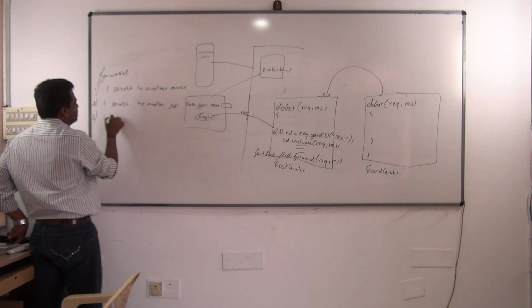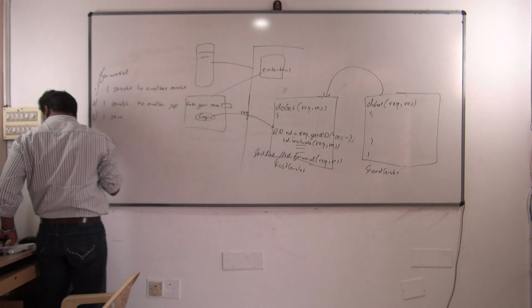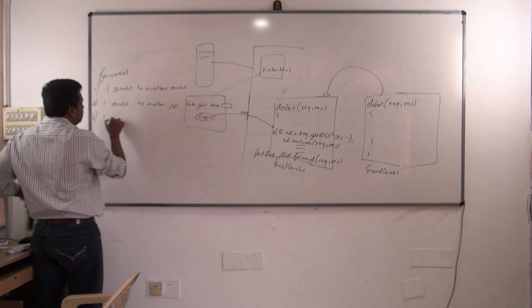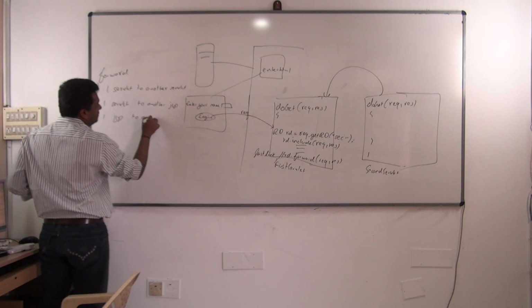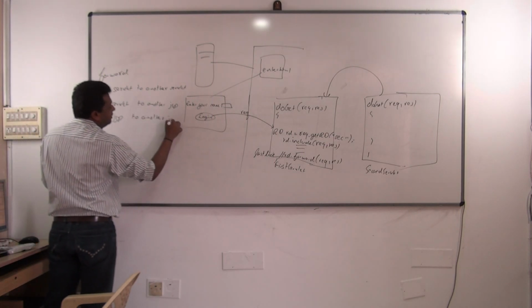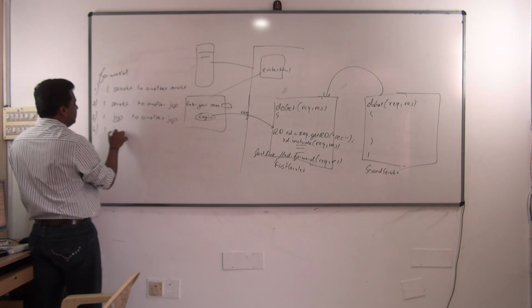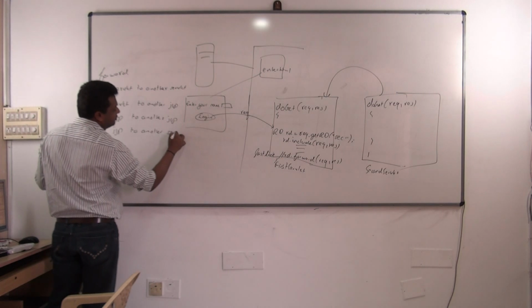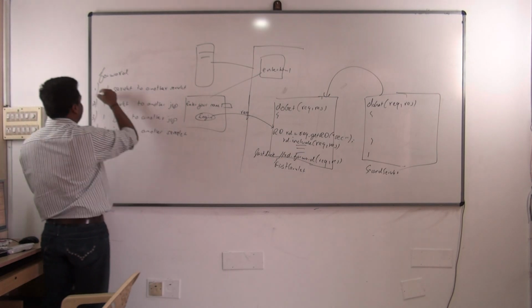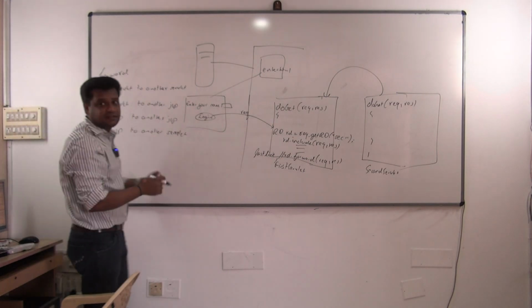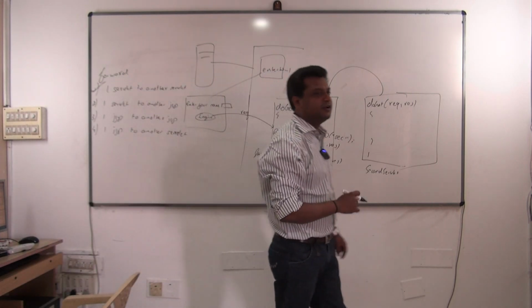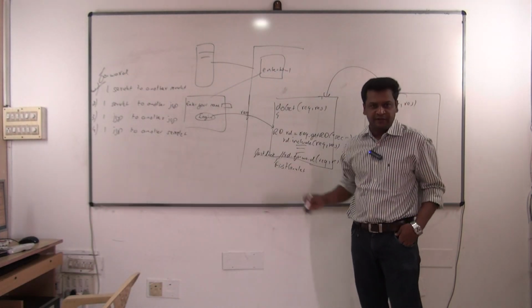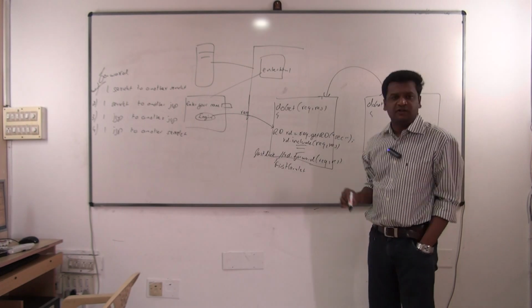The third one can be one JSP to another JSP. Likewise, one JSP to another servlet. So like this you can do forwarding. I covered only one. The others I can show you only after completing JSP. I'll show it to you there. Clear? That's how forward works.